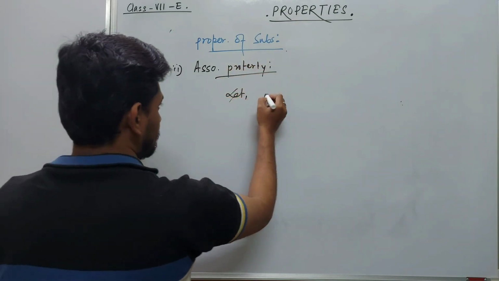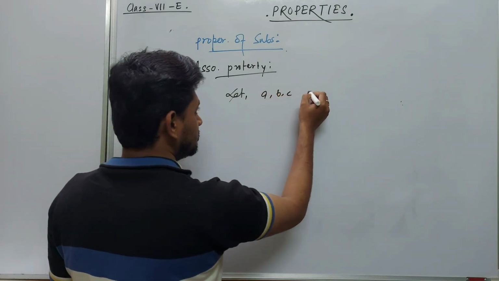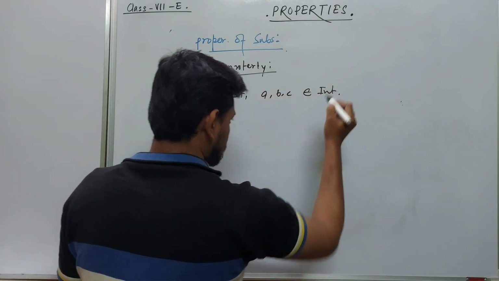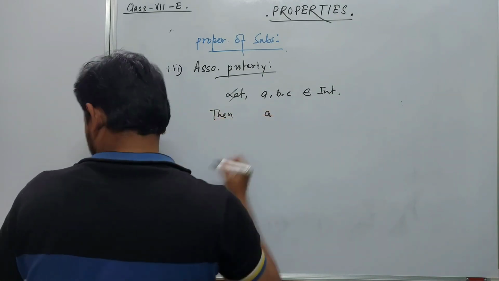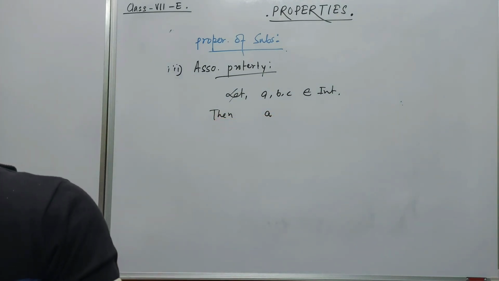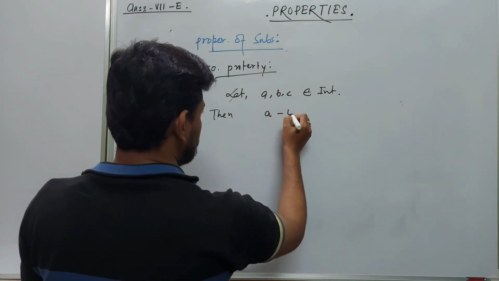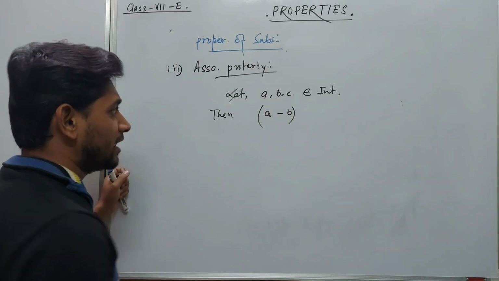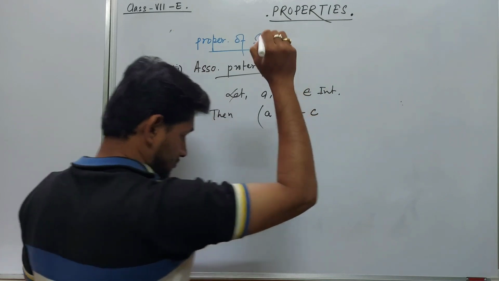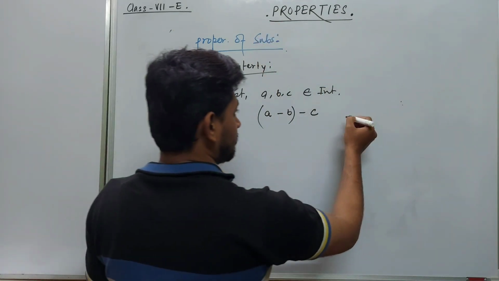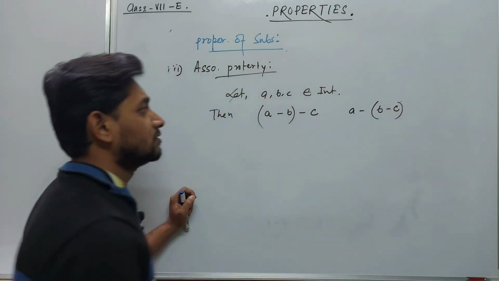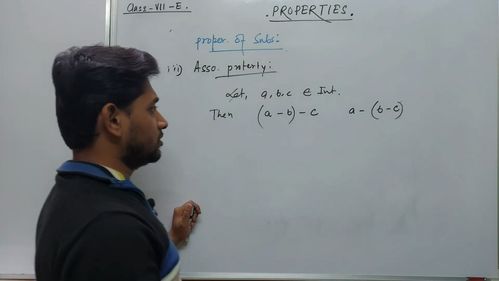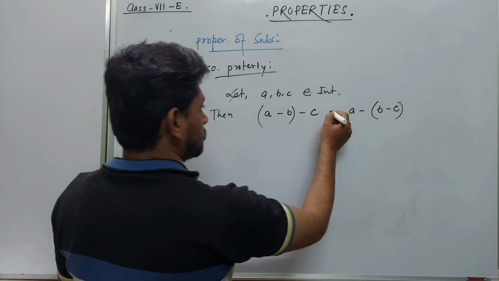Let A, B and C belong to integer, then A minus B minus C and A minus B minus C, are both equal or not? Not equal to.